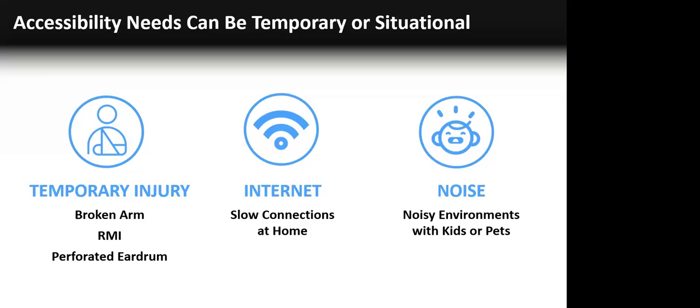So we might have someone with a slow connection at home. And then there could also just be noise. If you're working in a noisy environment, maybe there are kids in the background, or you've got dogs barking. I can think of all kinds of situations where the environment at home is not as ideal for learning as it could be.